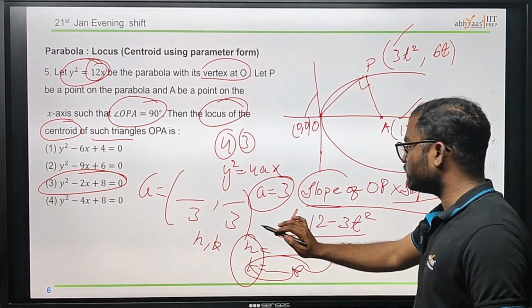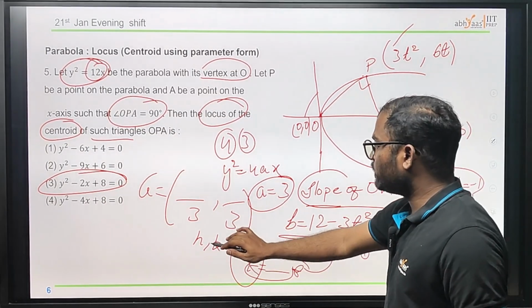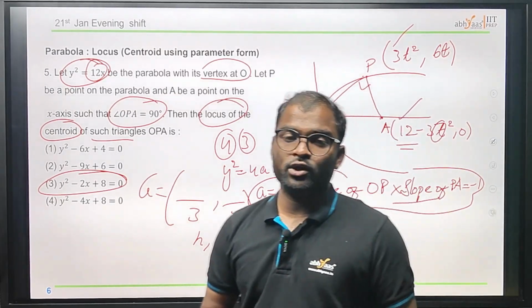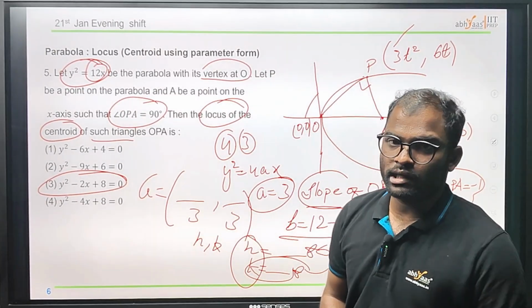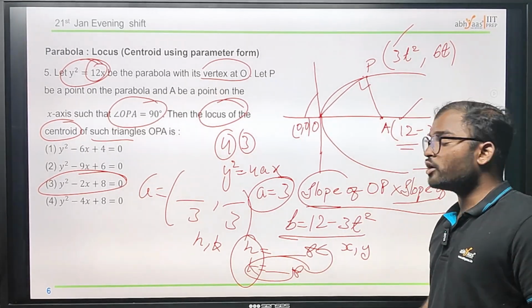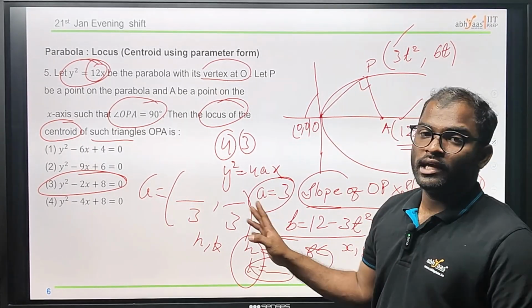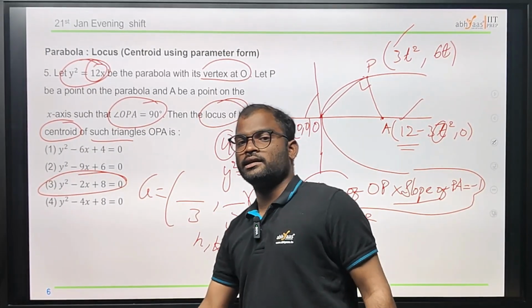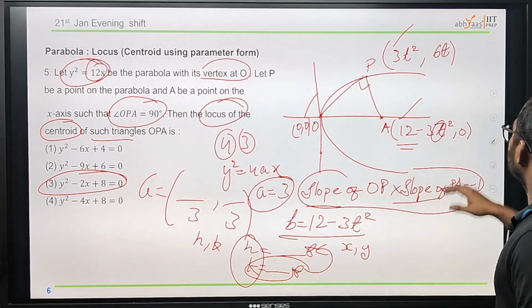Just find the centroid and you will get the h comma k. After getting the h comma k, eliminate the t term by substituting one of the equations into another one, and you will get y square minus 2x plus 8. This is one of the questions.